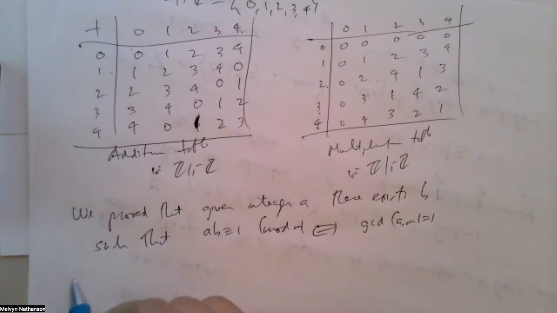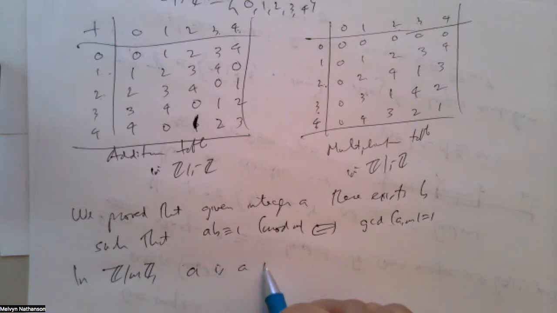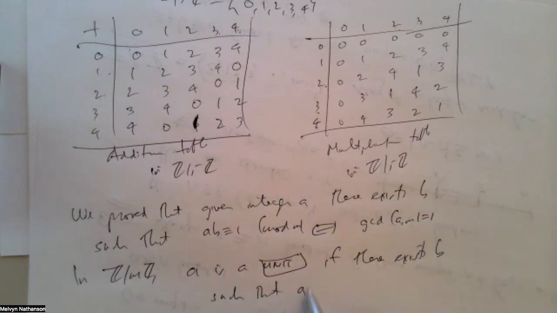So let's say in Z mod mZ, a is what is called a unit if it has an inverse, if there exists b such that a times b equals 1.